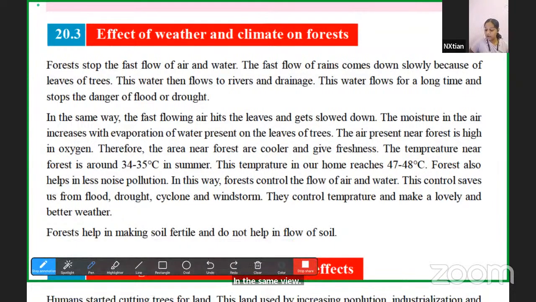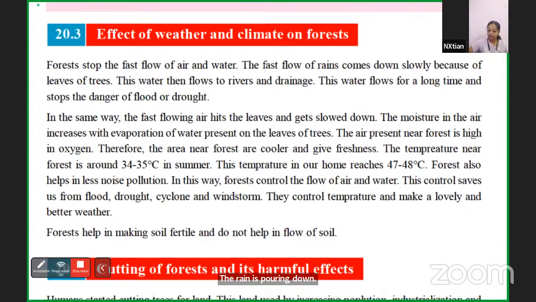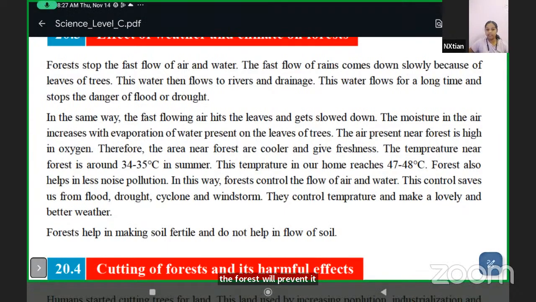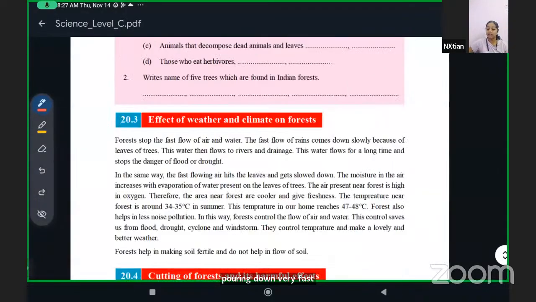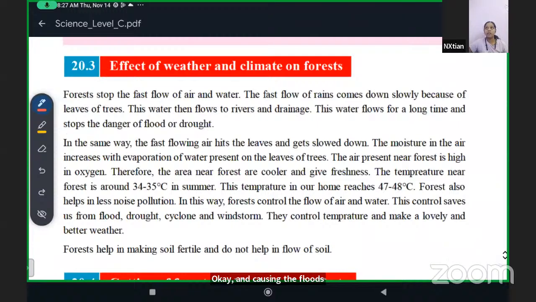We know what happens when the rain is pouring down. The forest will prevent it from pouring down very fast and causing floods.